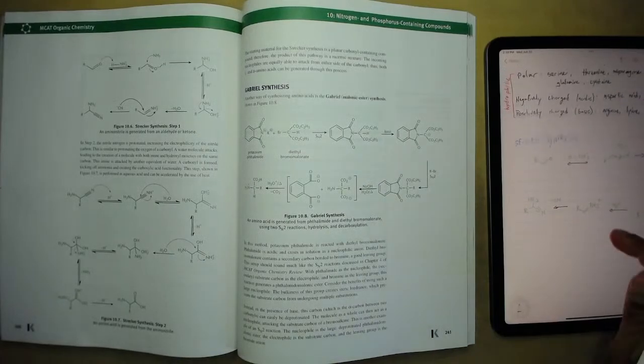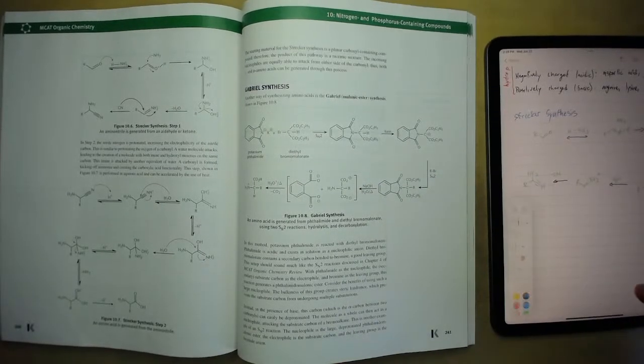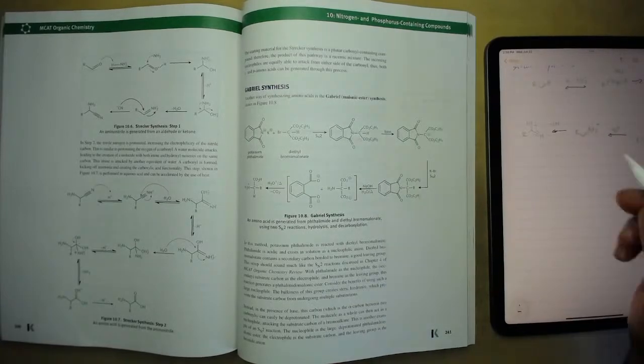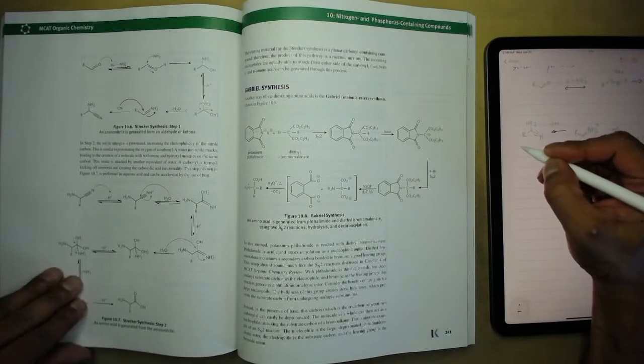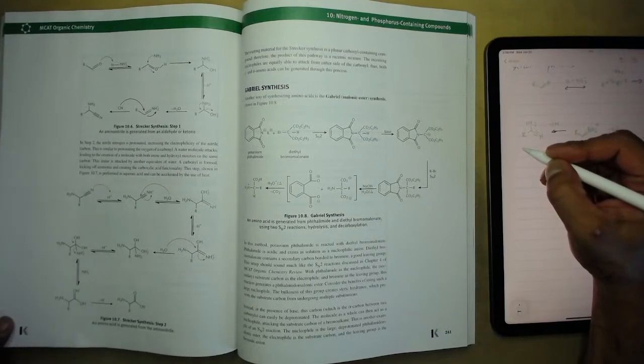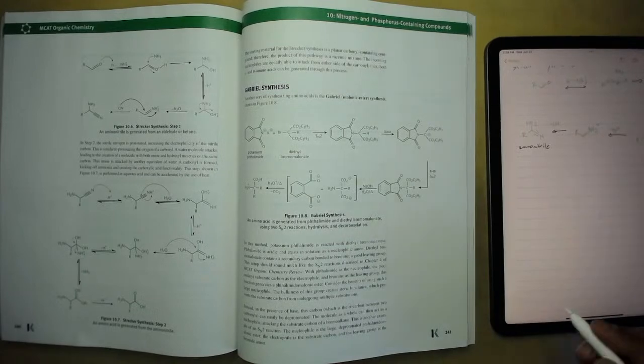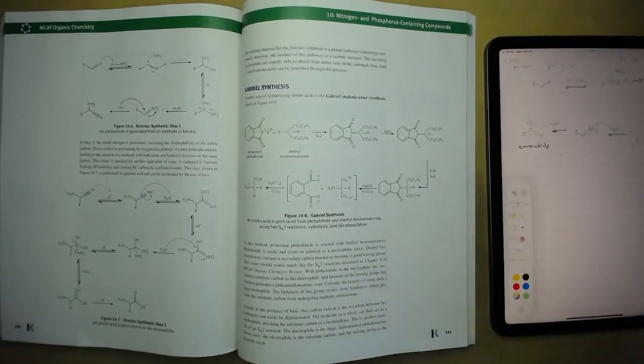So at the end of our first step, let's label this an aminonitrile. And in step 2, we'll draw this out.